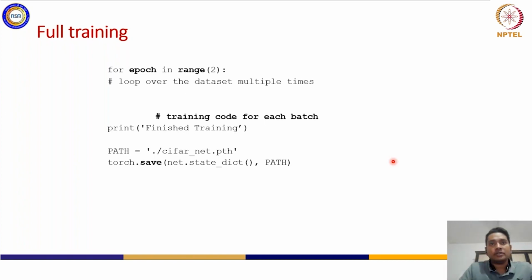For this, you need to save to one path defined by this path variable. After saving, basically you are saving the network plus the weight parameters, because when you load the network model, you load the entire parameter set that you have already stored, and those parameters will be used for your inference or testing or validation.